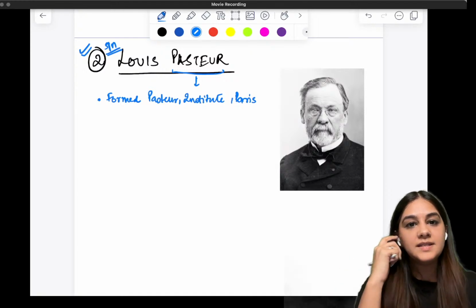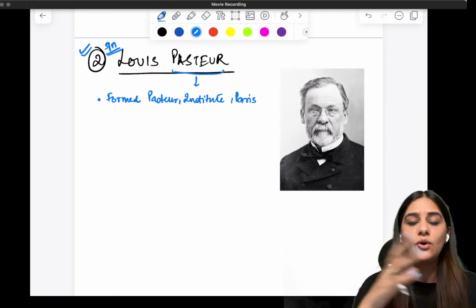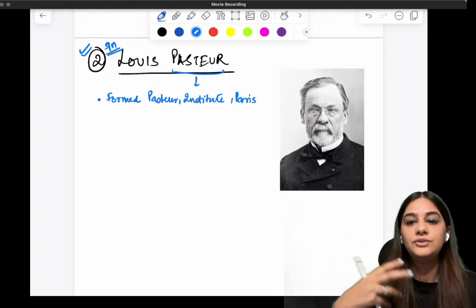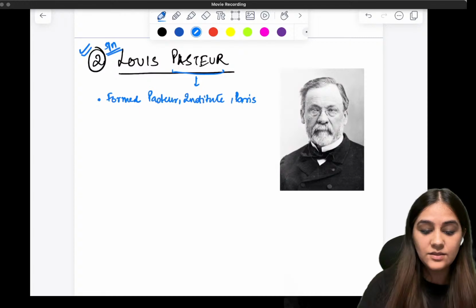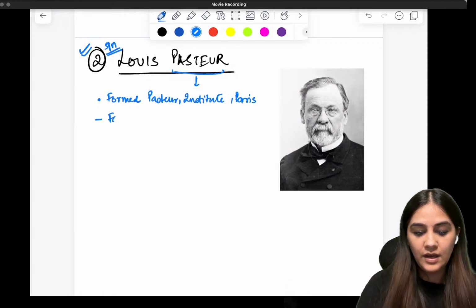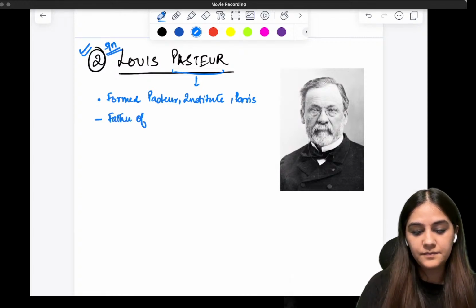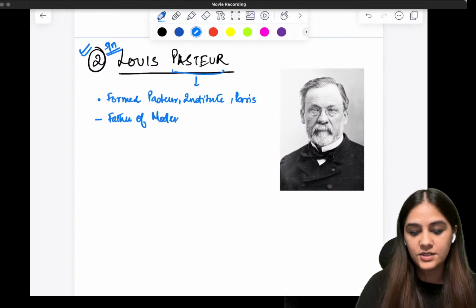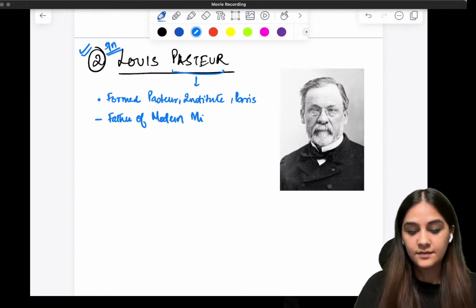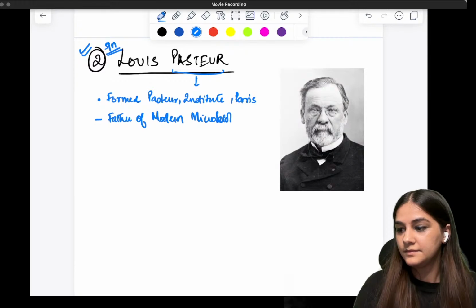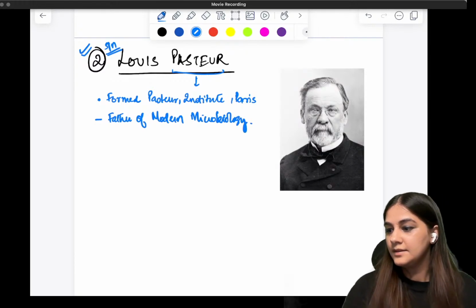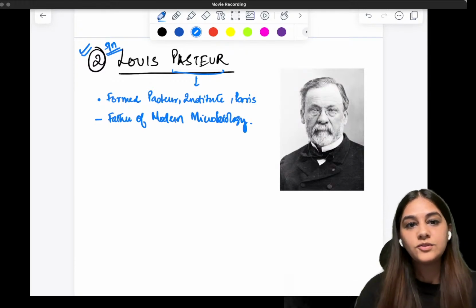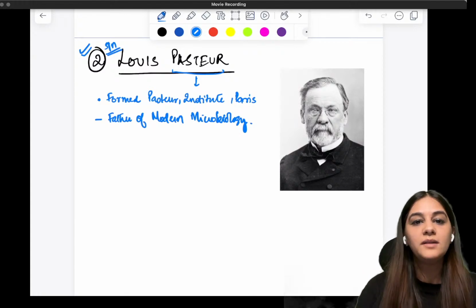In his Pasteur Institute, he was doing a lot of modern research and everything. Hence, he is also known as the father of modern microbiology.